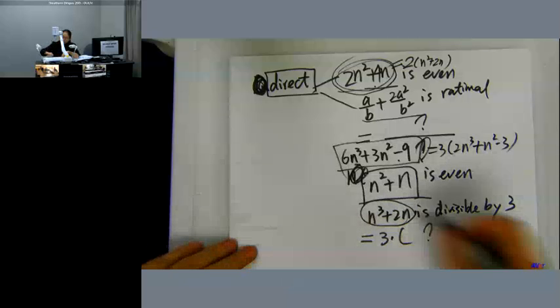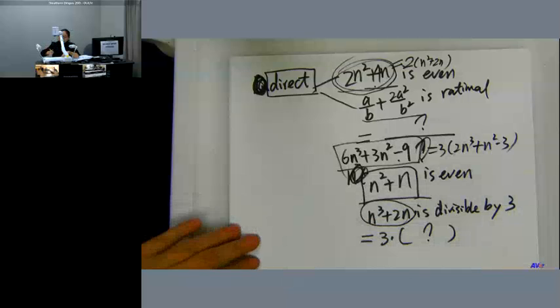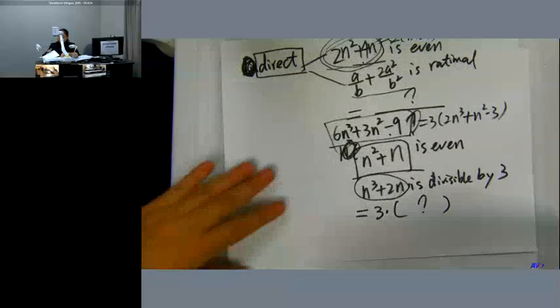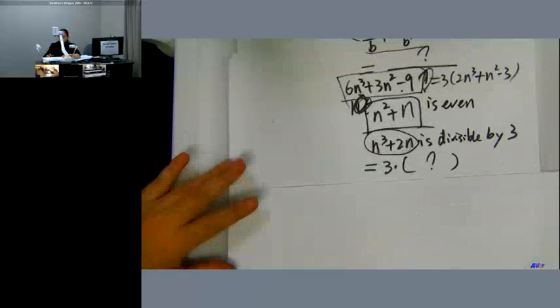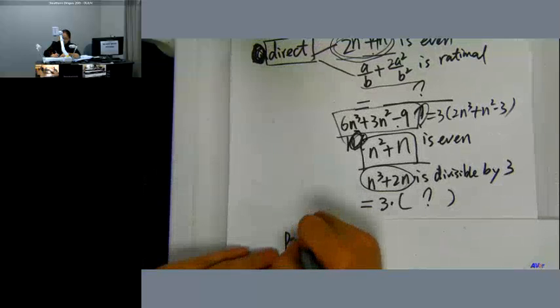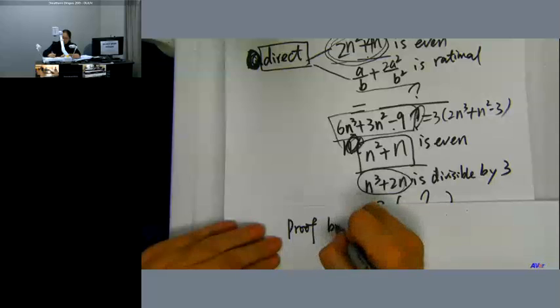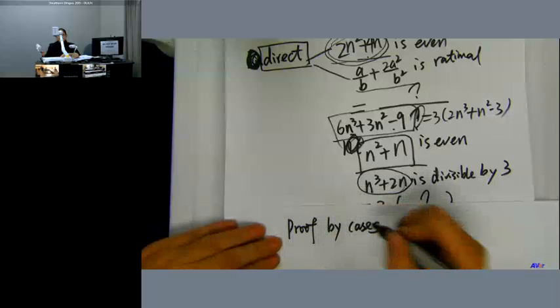So sometimes if direct proof doesn't work, you will try a new technique. It's what we call, James did mention it, doing cases. So the first try is, well, can I do cases? So that's the first practice exam question. Proof by cases.